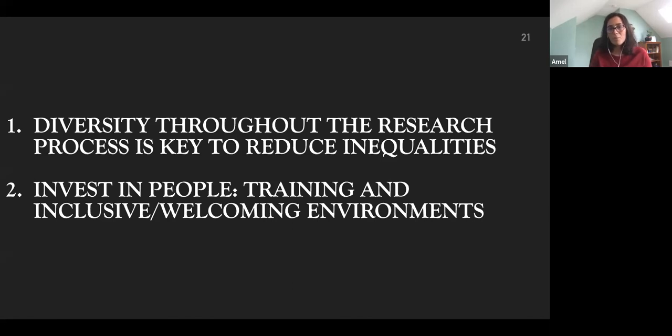And we definitely need to bring diversity throughout the whole research process to try to reduce inequalities and develop more and more tools and systems that are adapted to community needs and are respectful of the ethical environment and framework of certain settings.